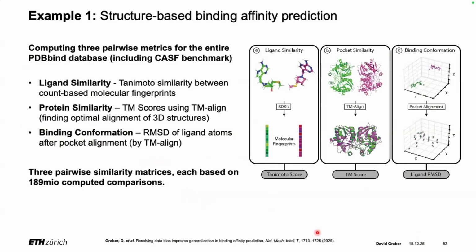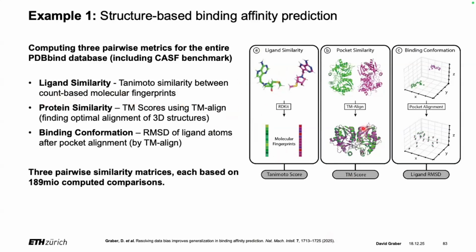And we computed 3 pairwise metrics for the entire database, including the CASF benchmark. So we looked at the ligand similarity. This is the first column here, which is basically just a Tanimoto similarity between count-based molecular fingerprints of the ligands.